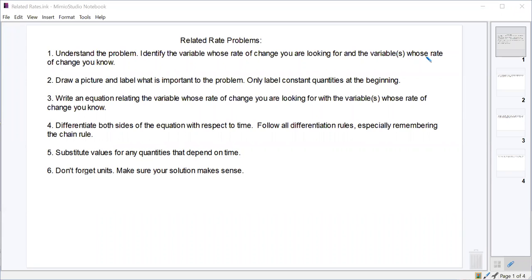Okay? Only label constants. So suppose I'm standing here and there's an animal here and it's walking this direction. And I say that I was 10 feet away from this bear or something, and it was afraid of me and started running away. This 10 feet that I was away from the bear never changed.